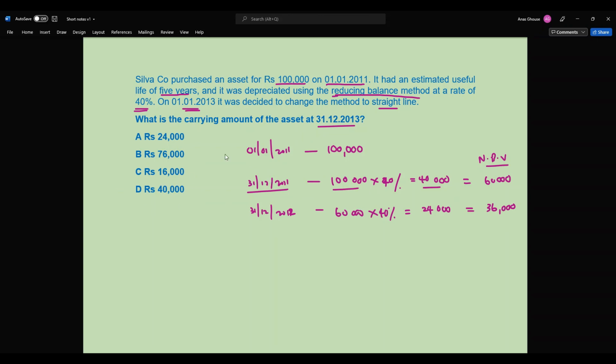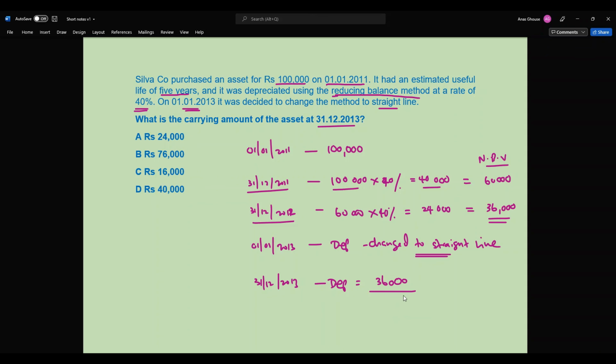On 1st January 2013, after 31st December 2012, the depreciation method was changed to the straight line method. The net book value was 36,000. If you want to calculate the 31st December 2013 depreciation, we have to take 36,000 divided by the remaining useful life.